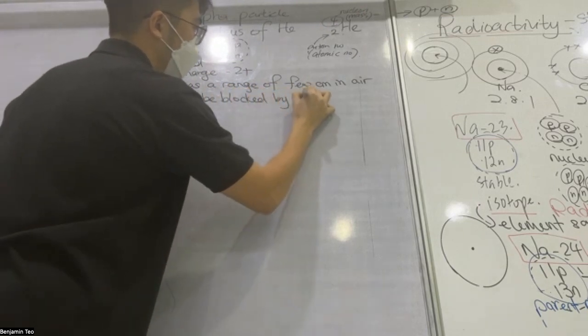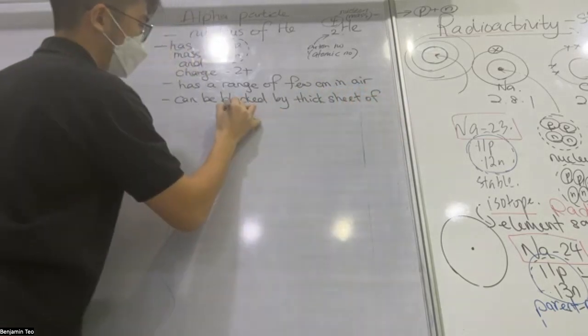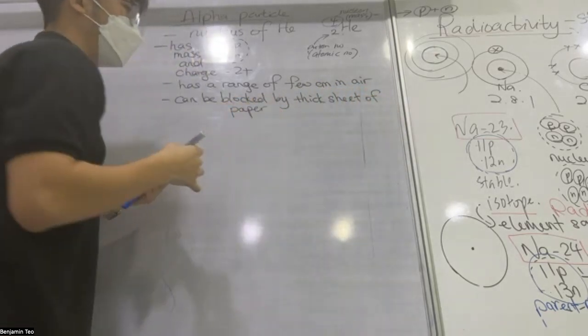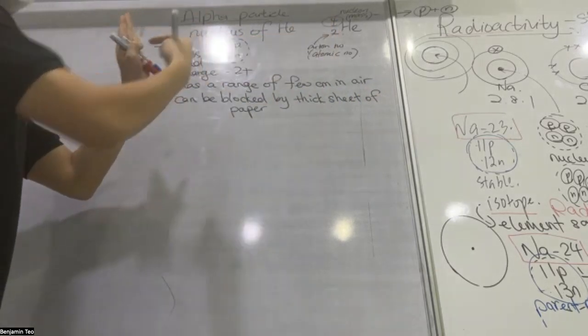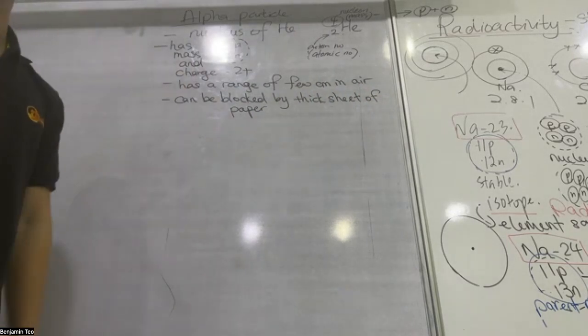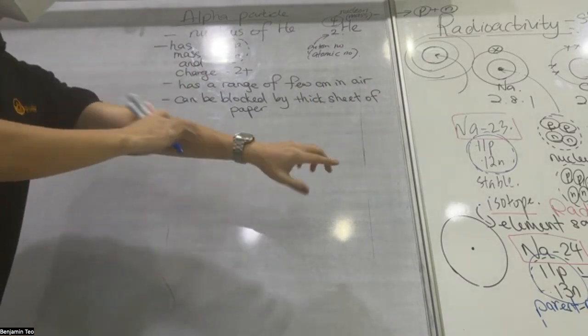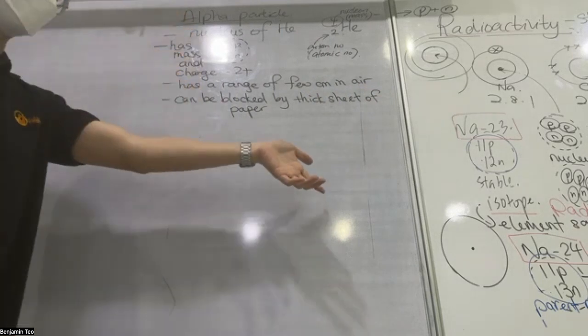And also it can be easily blocked by thick sheet of paper. Thick sheet of paper. You take a few pieces of paper, A4 paper, put together. The alpha cannot penetrate, cannot go through it. Very easily blocked. The human skin, can the alpha go inside? Cannot. The skin can also block alpha.